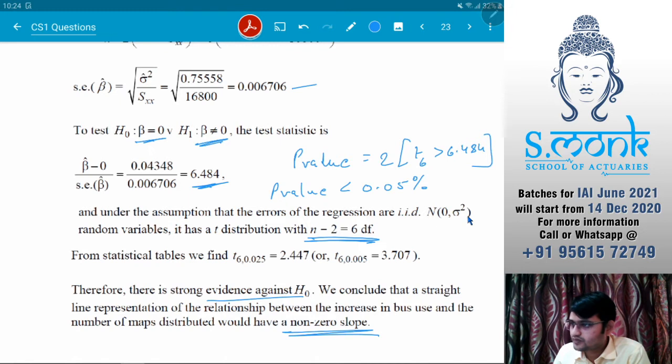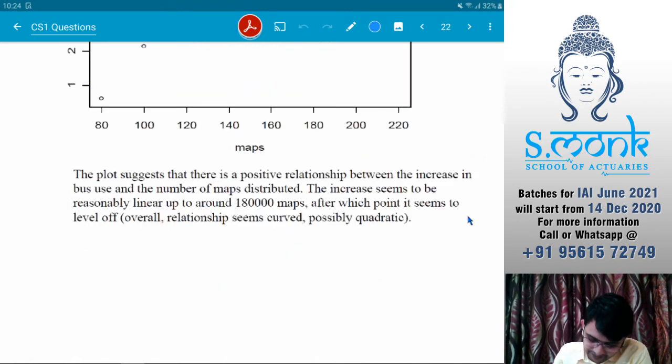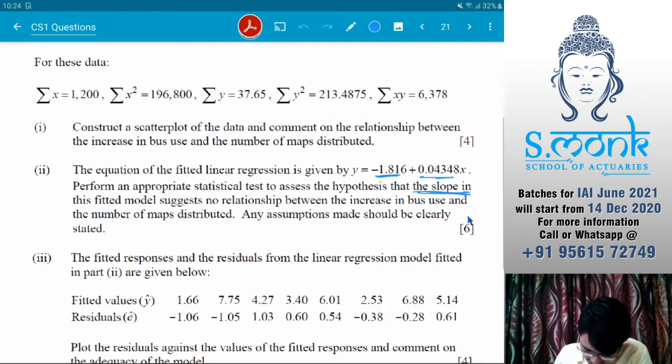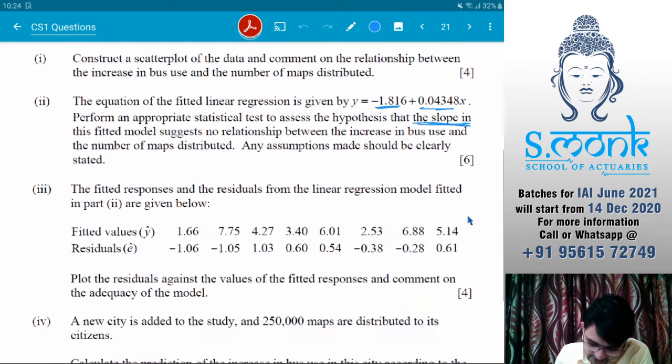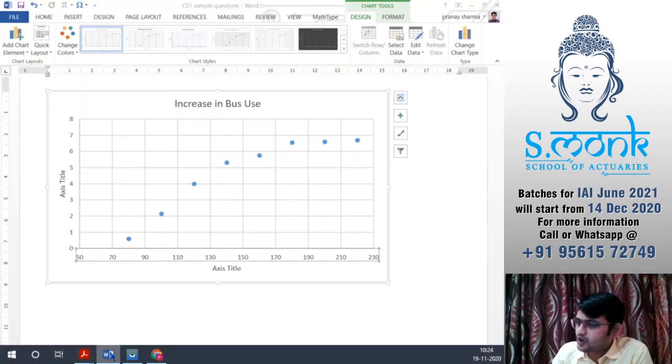Okay, so this is very straightforward. Now this is the part that I really want to concentrate on. The fitted response and the residual from the linear regression model fitted in part 2 are given below. So you can use again the scatter plot to plot these.